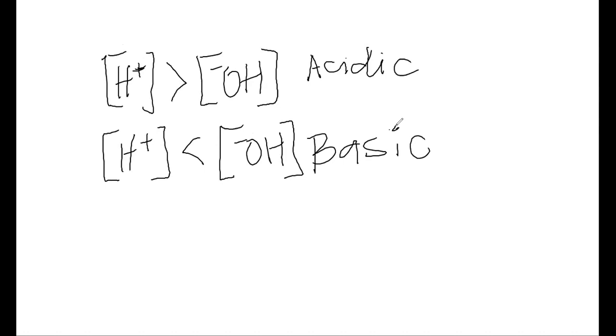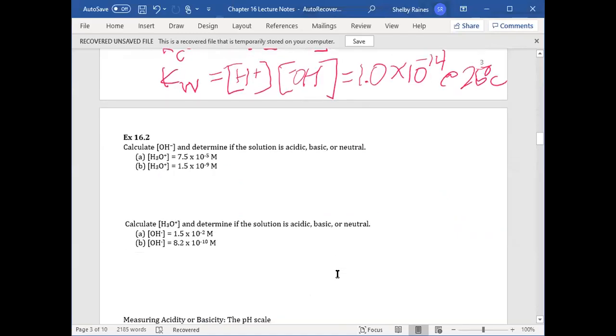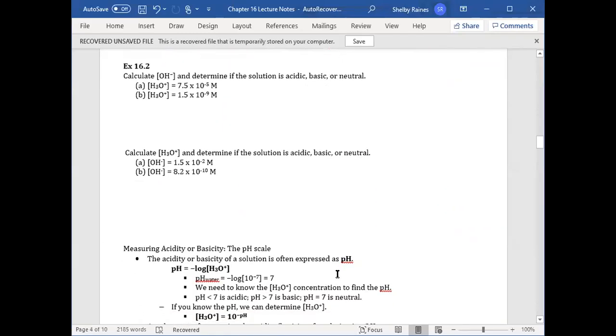So if you flip over to the next page on your notes, we go to example 16.2. It says calculate the OH minus concentration and determine if the solution is acidic, basic, or neutral. In this first example, you're given the hydrogen concentration, written as the hydronium ion concentration.